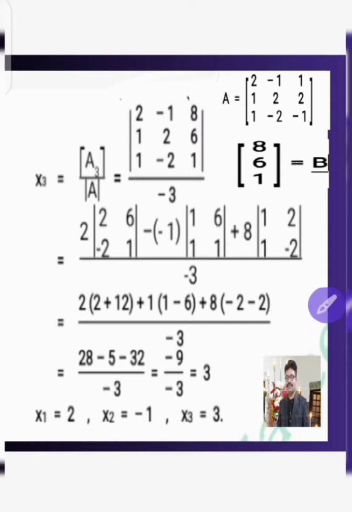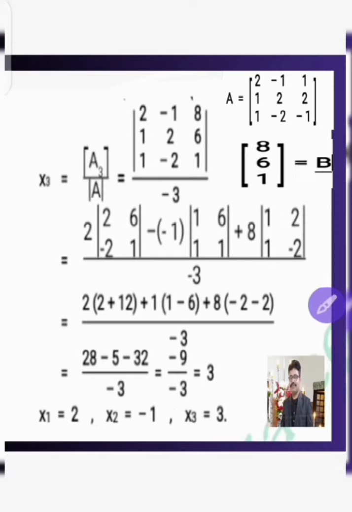Now the procedure of the 2 cross 2 determinant will be followed. 2 multiplied by 1, we will get 2. 6 multiplied by minus 2, we will get minus 12, and the sign of minus between the cross product, that's why I have written positive 12, and 2 will be written outside the bracket.